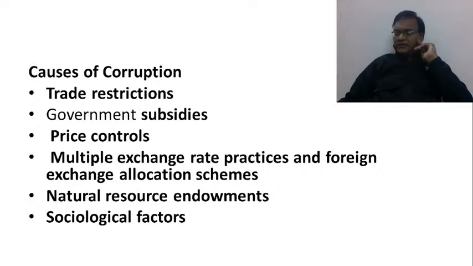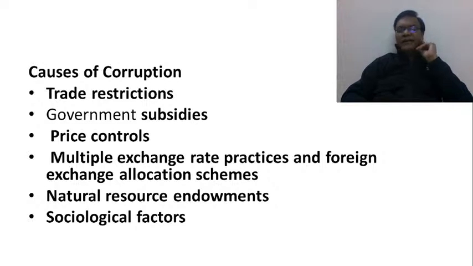For example, this tendency to restrict trade by using artificial guidelines, giving more powers to bureaucracy. You can see here that in GST, since the GST rates are very high, there is so much corruption also in the implementation of GST.